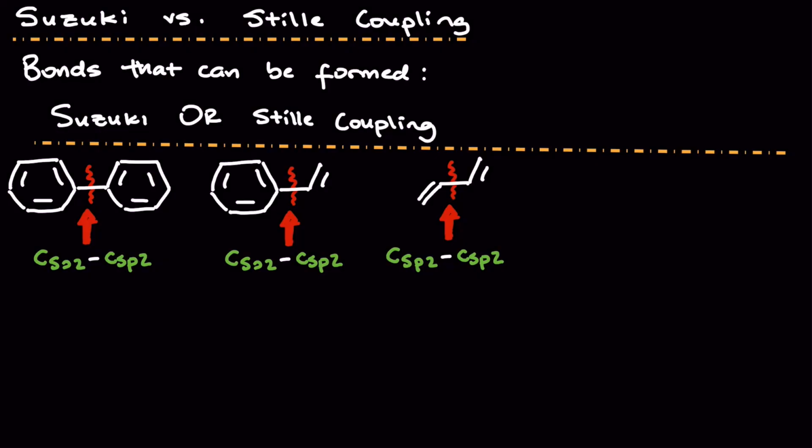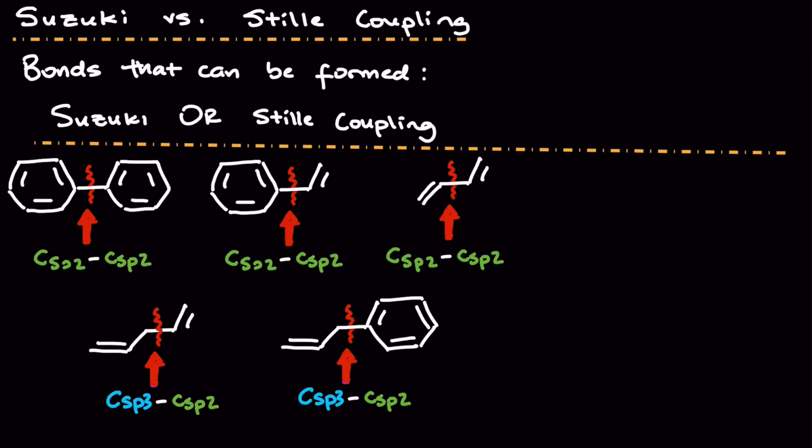We can form aryl-vinyl C–C bonds and vinyl-vinyl C–C bonds pretty straightforwardly with both Suzuki and Stille, which makes both of them really compelling reagents or compelling synthetic strategies to use. For both of these synthesis strategies, we can also form sp3–sp2 carbon bonds, but specifically, it has to be the sp3 carbon of an allylic or benzylic group.